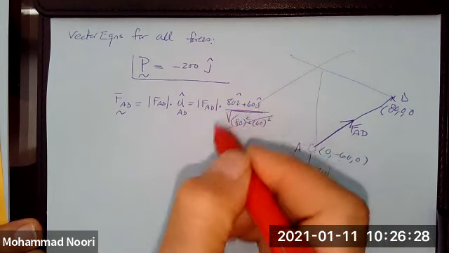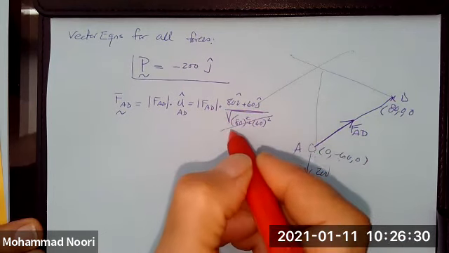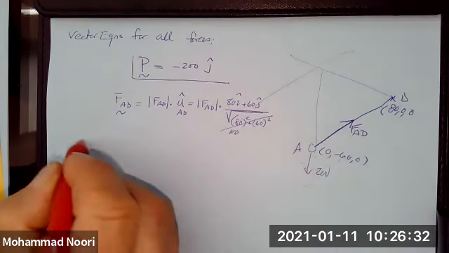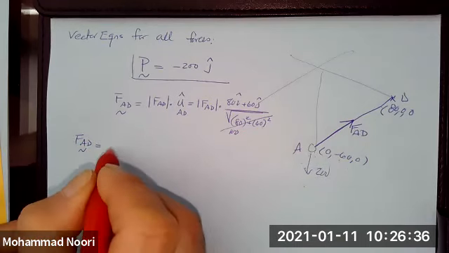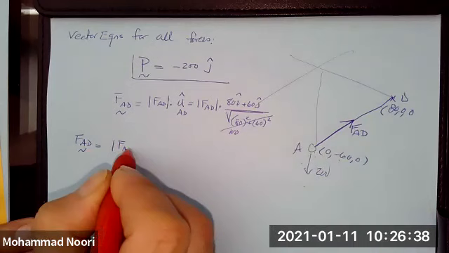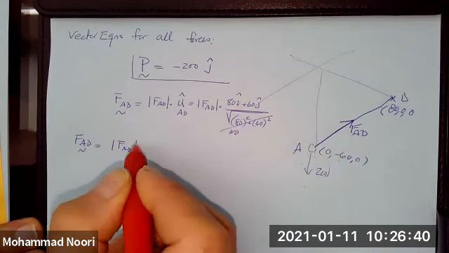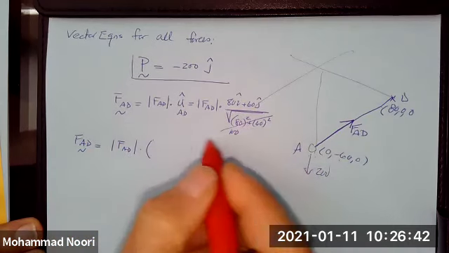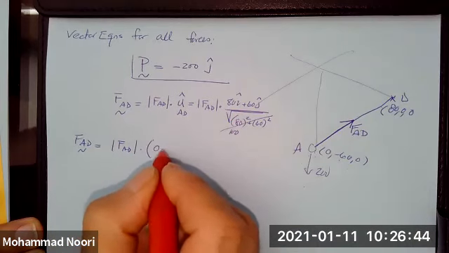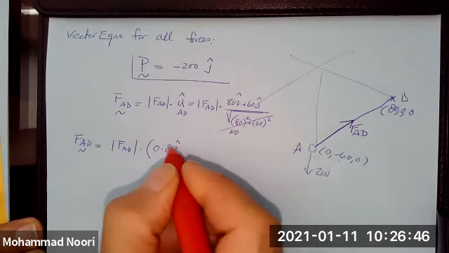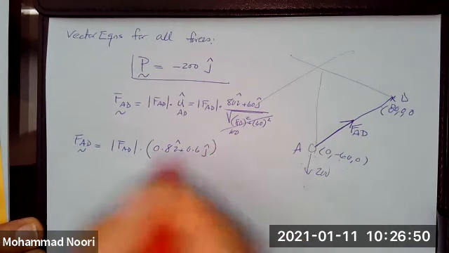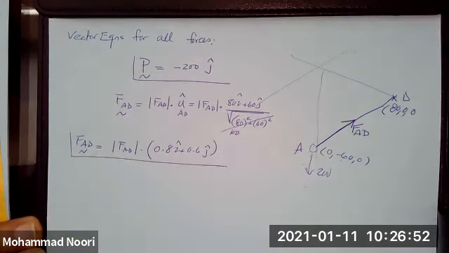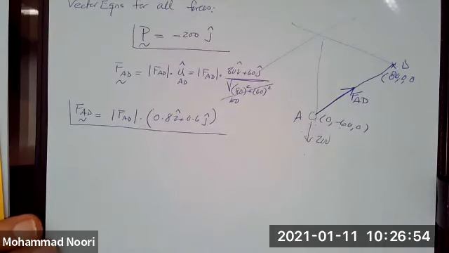And if you solve this, you see this would come out to be 100. So force of AD comes out to be the magnitude, which is unknown, times 0.8 I plus 0.6 J. So this is the force in AD, okay?